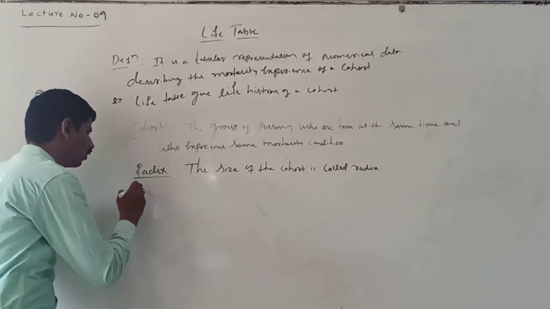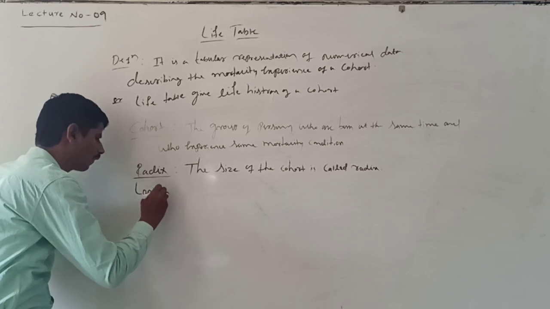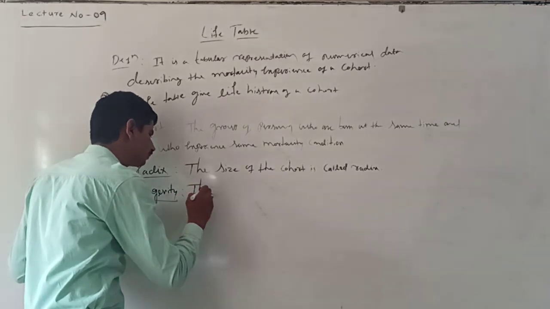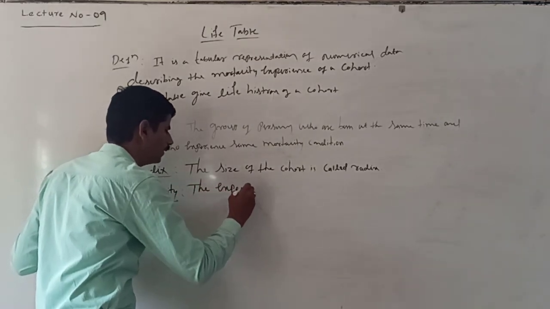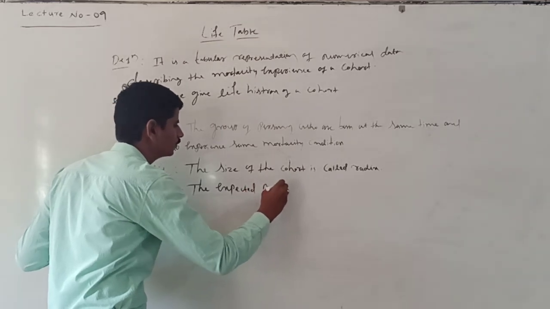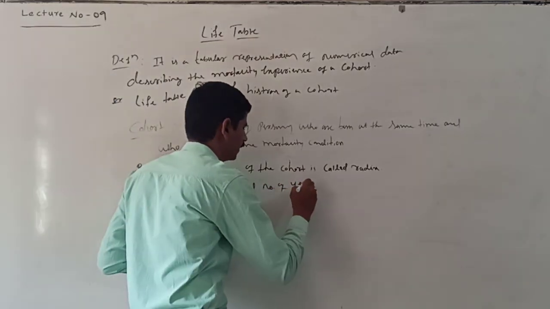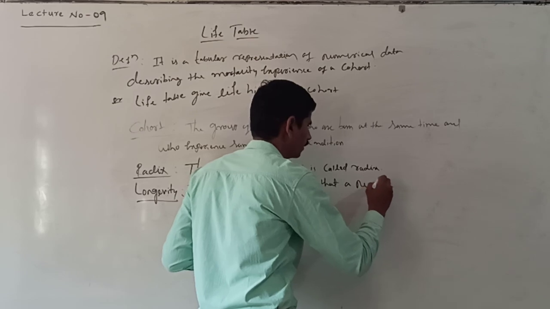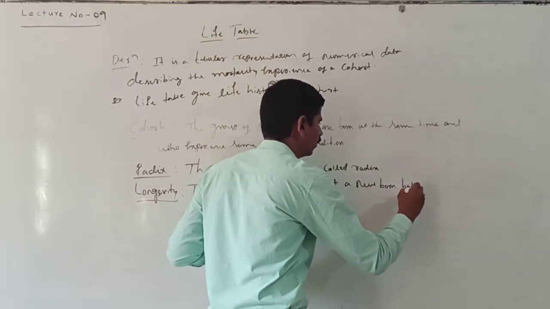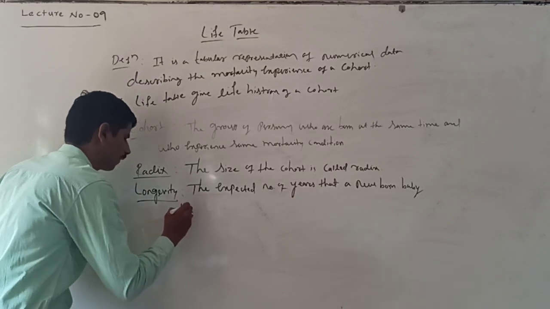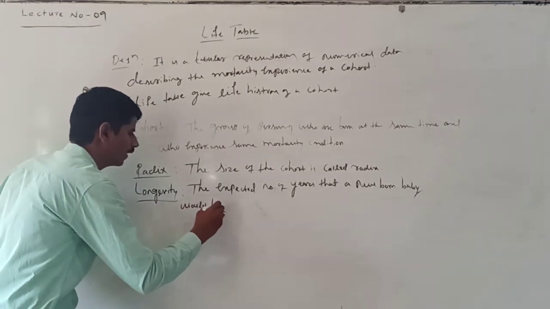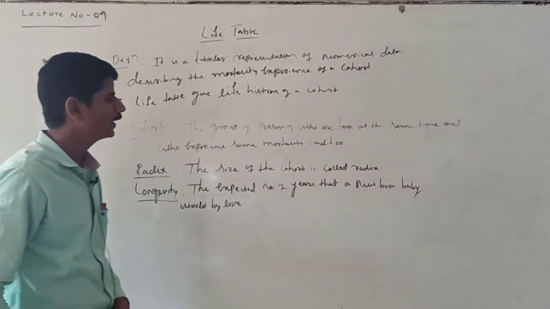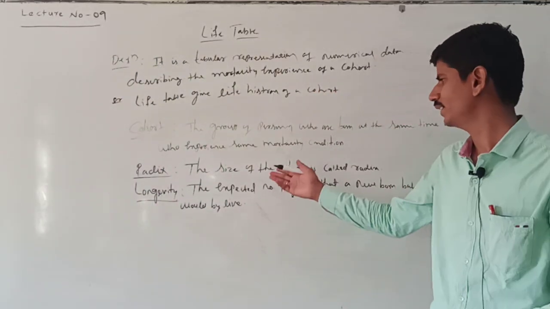The next definition is longevity. Definition of longevity: the expected number of years that a newborn baby would live is called as longevity.